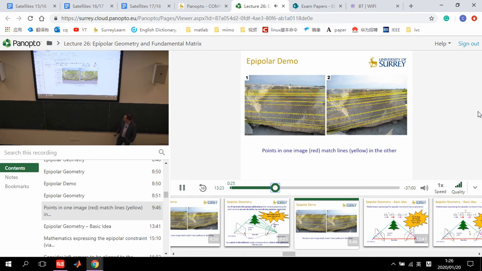Because these points are expressed in homogeneous form, this expresses the constraint that a point in one image lies on a range of points, in other words, a line in the other image, and we'll come back to that. So let's just flip back.